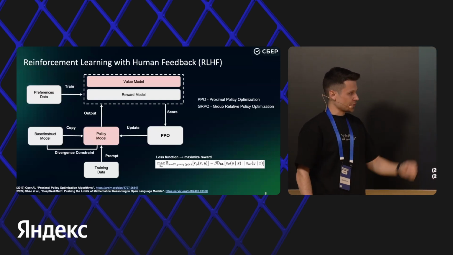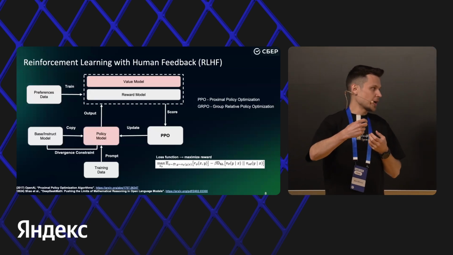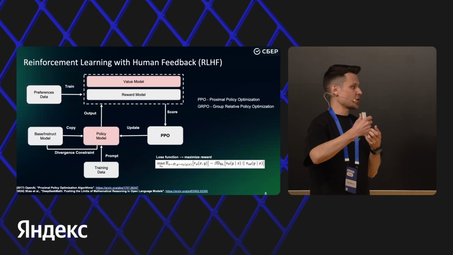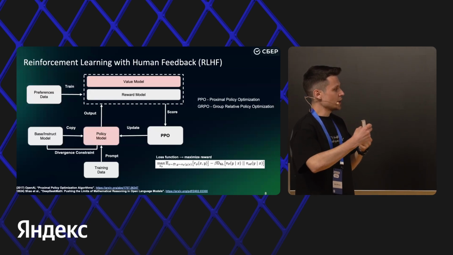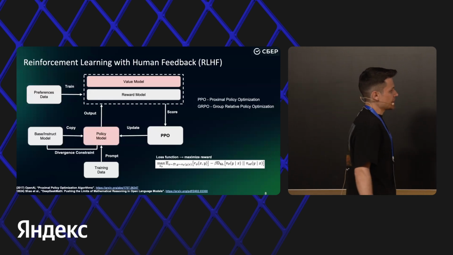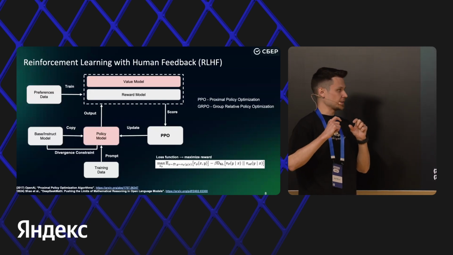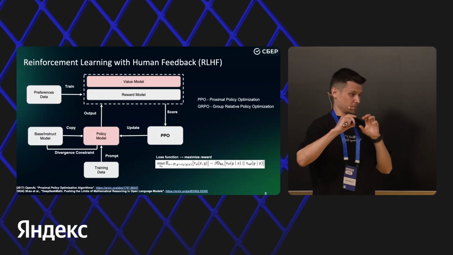And there is also a loss function. The loss function tries to maximize this reward score, and according to it, we update the parameters in the policy model. Also, there is a divergence constraint. It means that we don't want these parameters to update a lot.